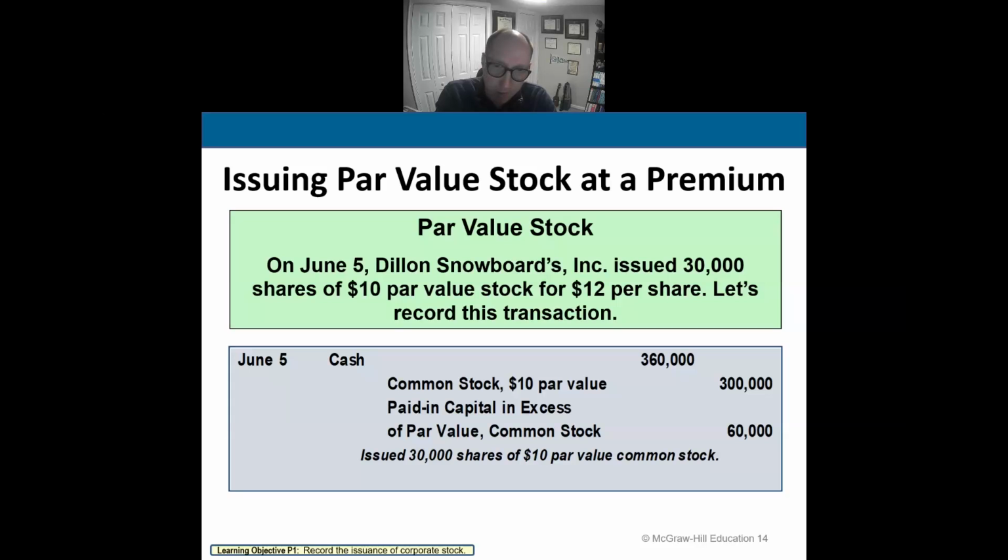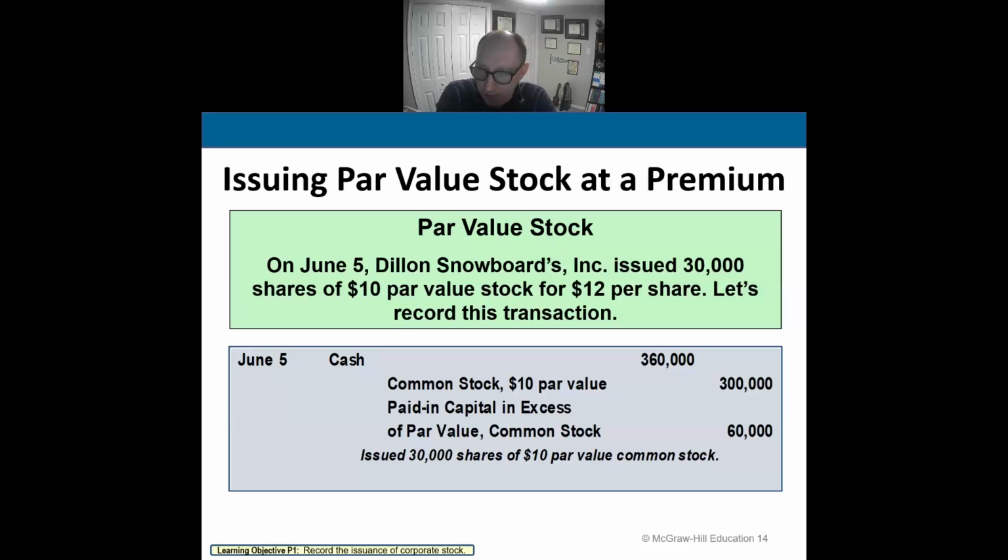So the issued amount is par value, it's $10 per share. The difference is the market value. The share is worth $12.